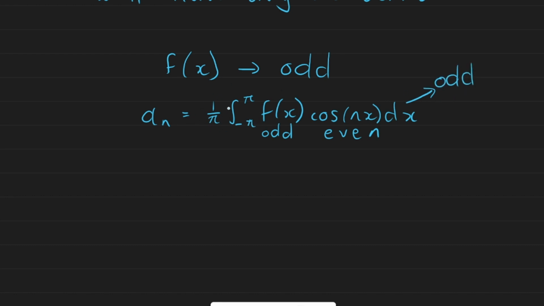So if we're integrating this odd function between minus pi and pi, it is going to be 0, as we had shown just now. So that means that if we identify f of x as an odd function, we don't even need to bother determining an, because it's just going to be 0. We only need to determine bn. And bn is 1 over pi, integral from minus pi to pi of f of x sine nx.